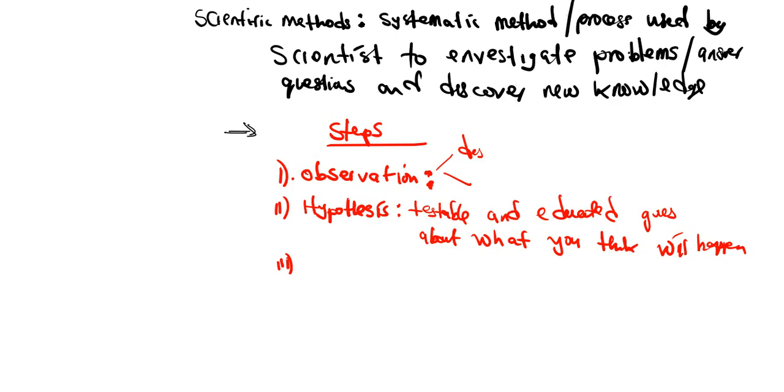Since now we have made a testable and educated guess, now we'll do what we call an experiment. Experiment, okay? So now you test your hypothesis. That educated guess you have made, you now test it, okay?